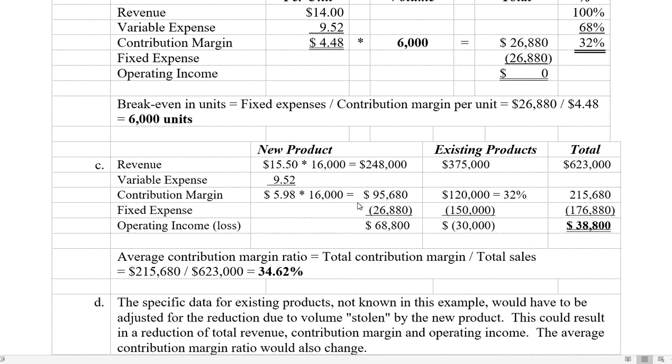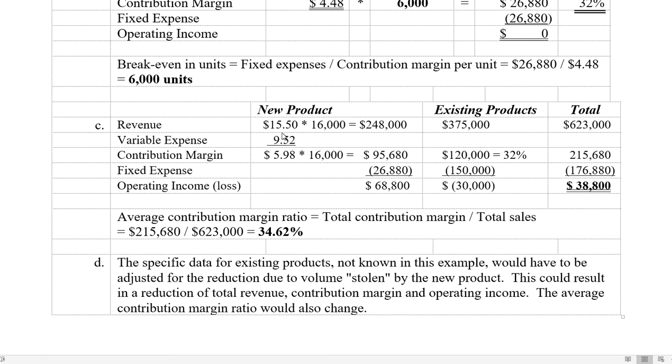That's what they gave us. They said, in C, what if we can get $15.50 for it? And we're going to sell 16,000 of these products. That's what we think after analysis that we're going to be able to sell of this new product.